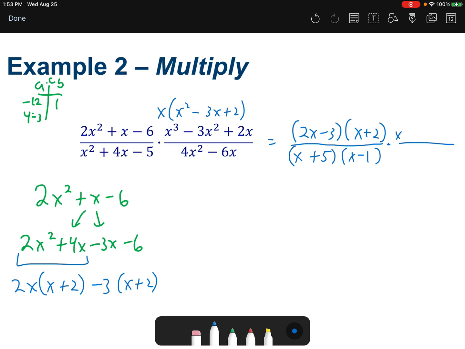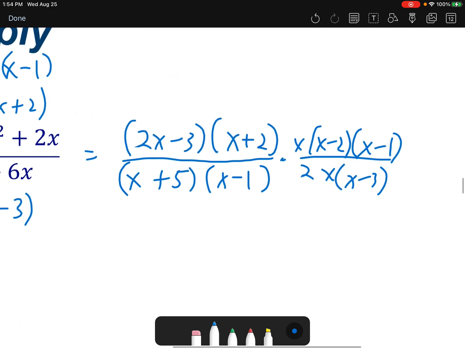So we know we're going to have a factor of x, but I believe this will factor as well. It will, I think it's x minus 2 and x minus 1 in it. So we can write that factor down. And then the denominator down here, we can take out a 2x, and we're left with 2x minus 3, it looks like. And now we can take that and simplify.